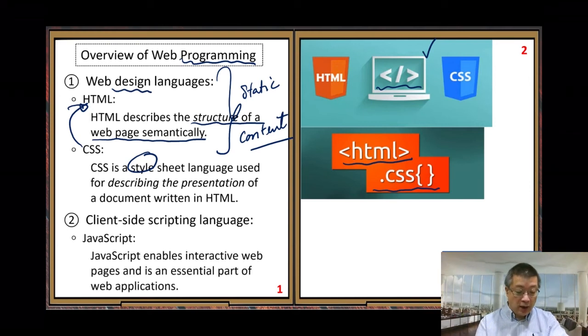JavaScript enables interactive web pages, because you can use it to handle dynamic content based on the user's actions. It is an essential part of web applications.